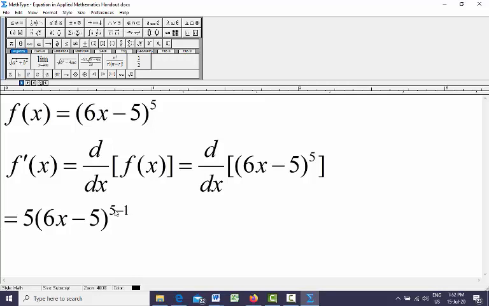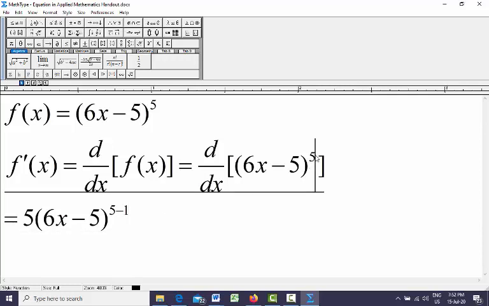So if you see there is a power, you need to first bring the power, then write exactly what you have in your hand, and from the power deduct 1. That's the differentiation of power.